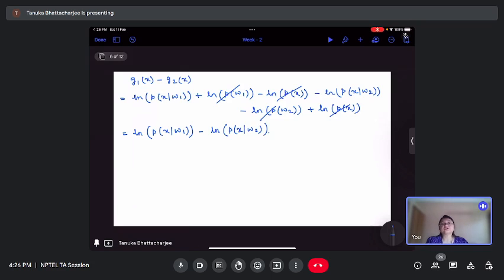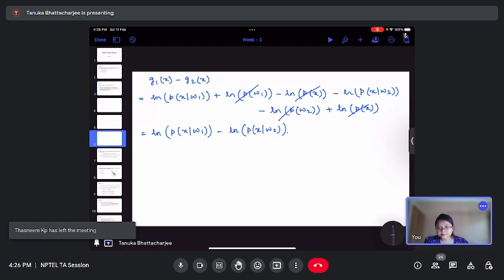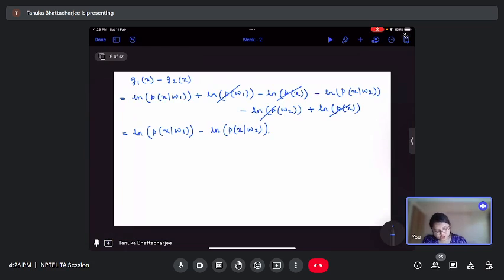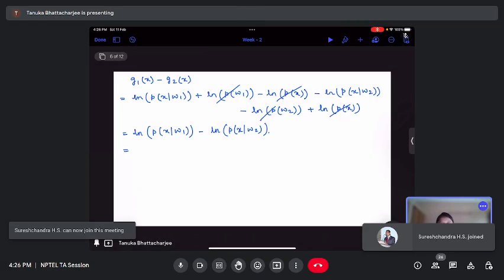Now the question said that these class conditional densities are basically normal densities, and these are 2D feature vectors. So this will be a 2D Gaussian distribution. The expression for a 2D Gaussian distribution with mean mu and covariance matrix sigma, all of us know.